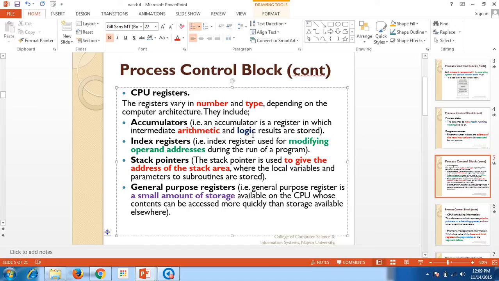So what register will we use? That is called the accumulator.